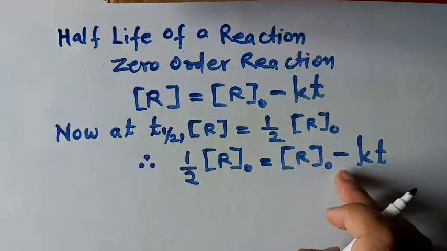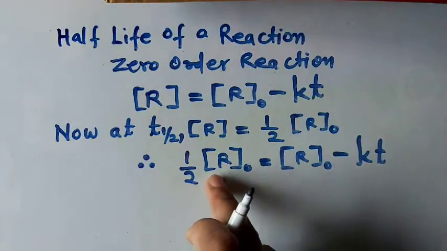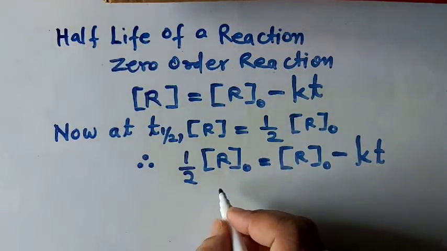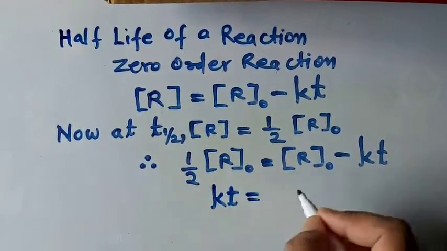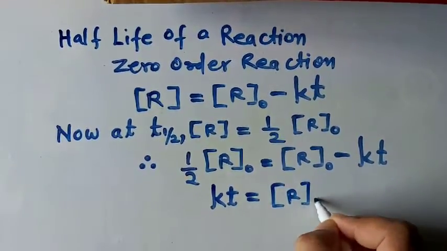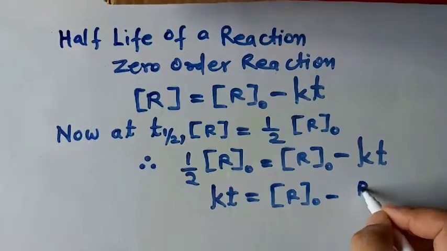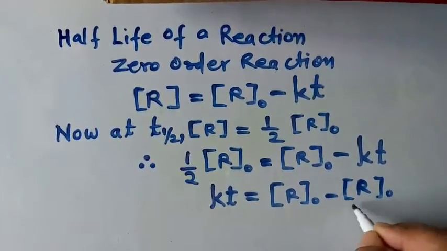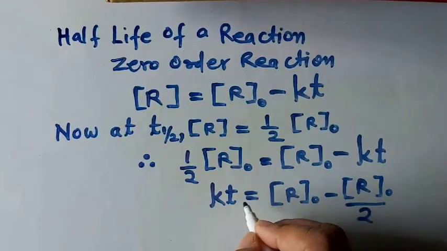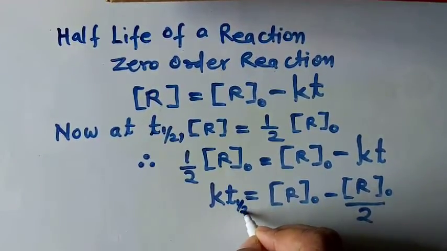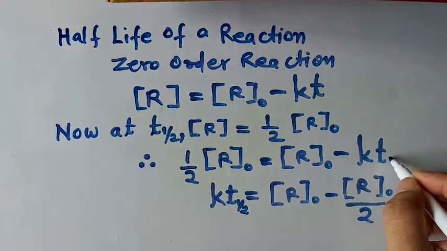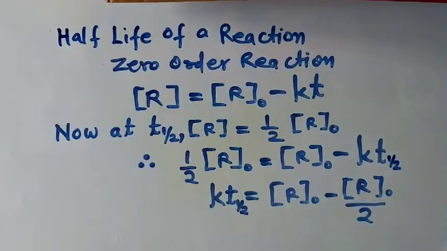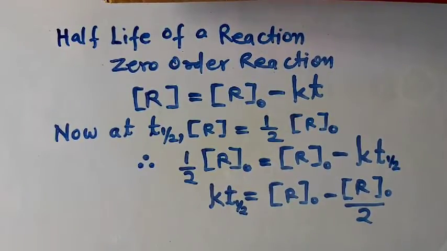We will take KT to the other side, and R to the other side, and the sign will change, so it will become KT equal to initial concentration minus half of initial concentration. Now this time will become T half, and in that case this is to be also placed. Now we will subtract this value.